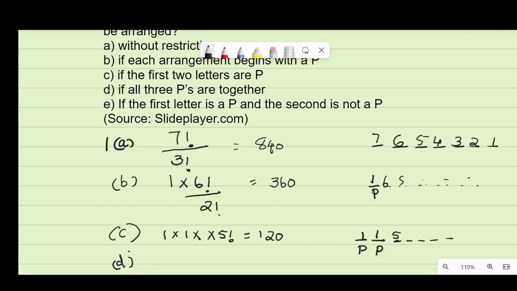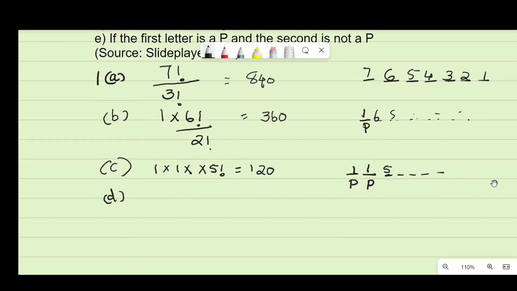Okay, now D. If all 3 P's are together, the grouping is also coming here, so the P's being together means the 3 P's are in one box, one pack.